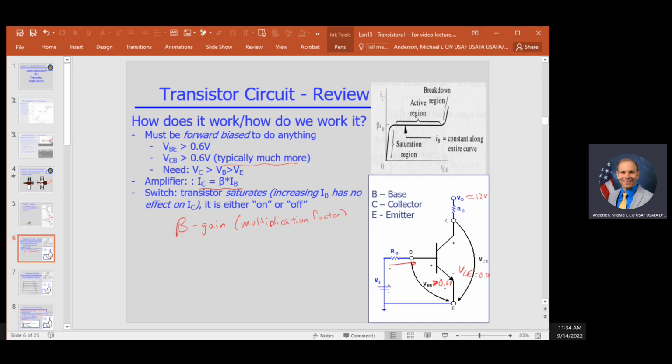So here's the current into the base, and then it's multiplied by this gain, and the current through the collector-emitter leg of the transistor will be a function of that base current and the gain. Again, when we run this, we want to run it in saturation mode, in which case the base current will be fairly high and we'll get a high flow of current from the collector to the emitter.